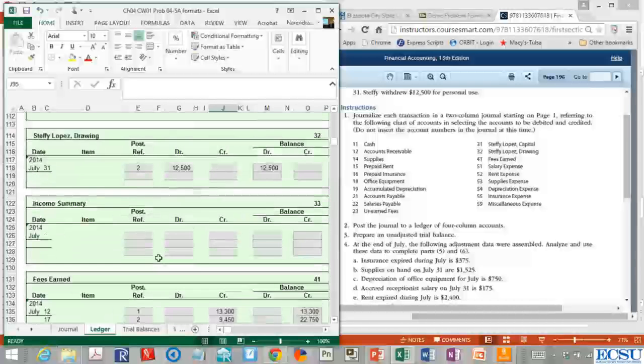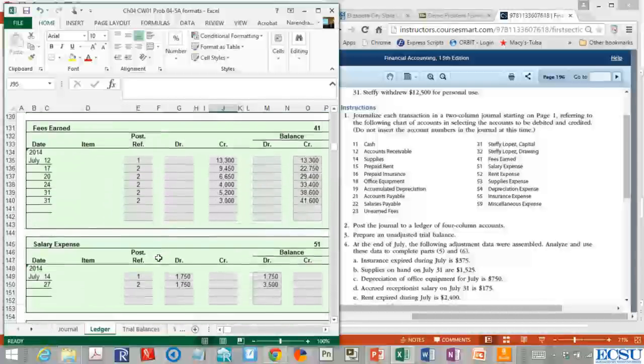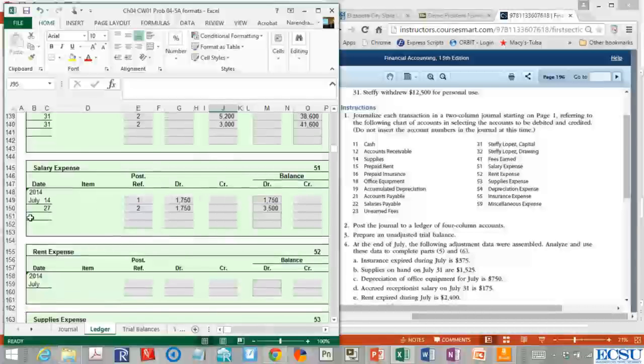Now let us go and find out the expense. Salary expense was 51, so here it is. So this is 31, and I'll write adjusting, and then page number 3 of the journal, and it was a debit of how much? Debit of 175, and therefore the new balance is going to be 3675.